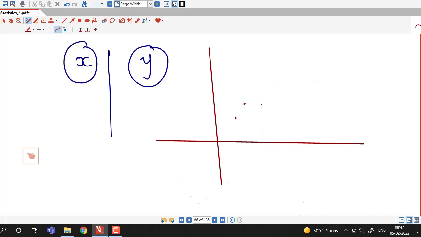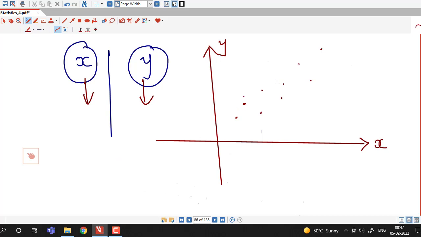Then we can have this type of points in the xy plane. To find the scatter diagram for the given bivariate data, we plot the values of the two variables on the x-axis and y-axis, and we find these points in the xy plane.